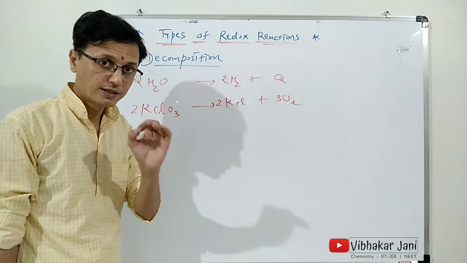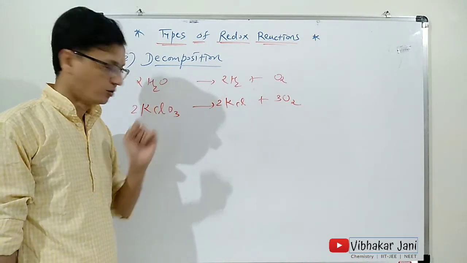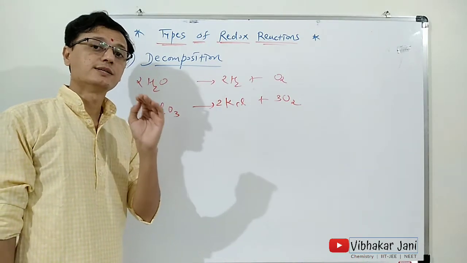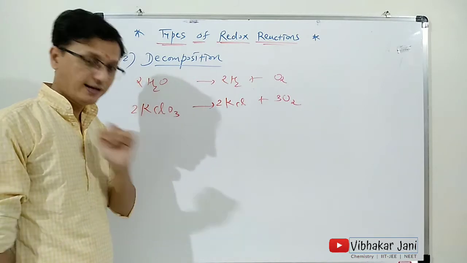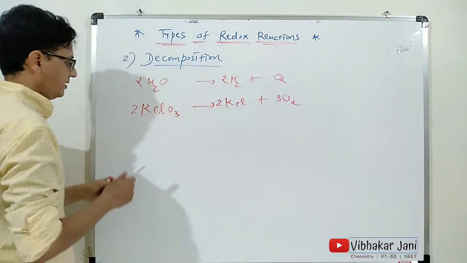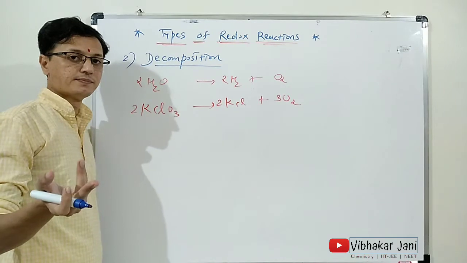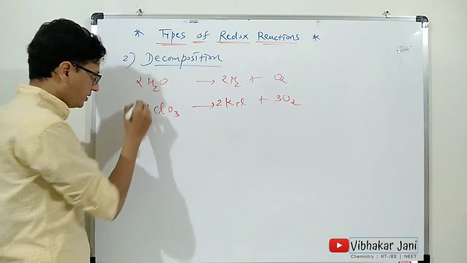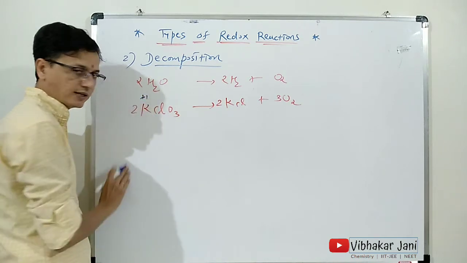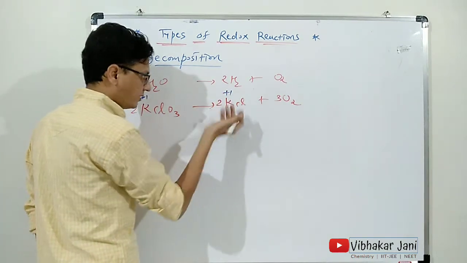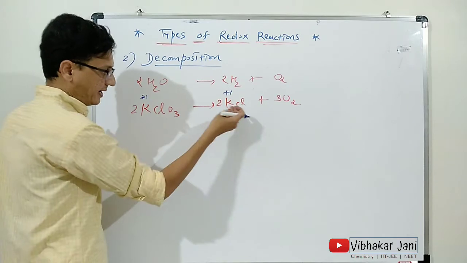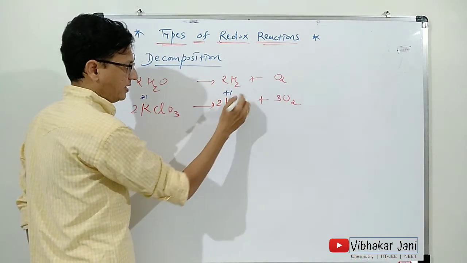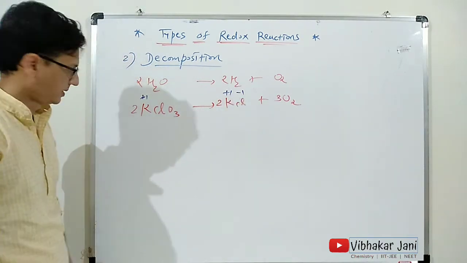But one more thing. If you count the oxidation state of all the elements, then let us count. Potassium, an alkali metal, in all its compounds is always in the +1 oxidation state. So here K is +1, and as K is +1, Cl will be -1.